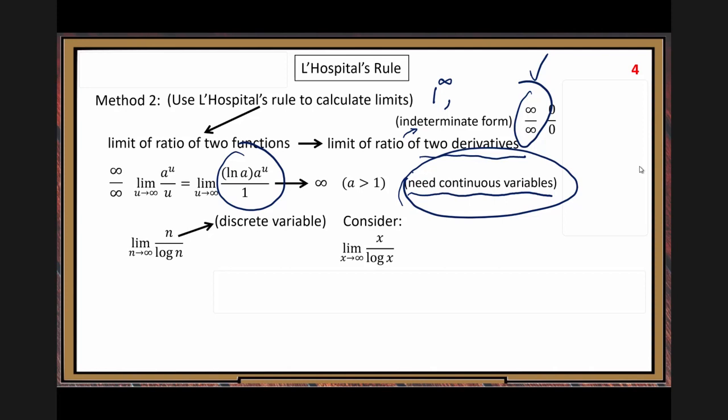This time, we make x a continuous variable. x changes continuously to infinity, starting at some number, so the start number is not important. Then it changes continuously, going up. Then the log function of x changes continuously, going up.